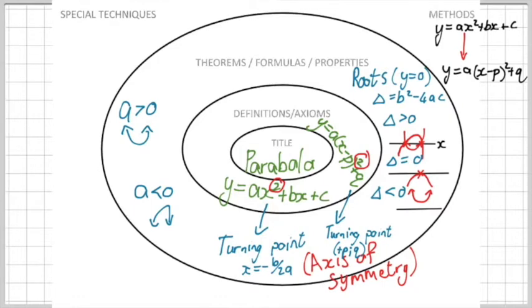But in Grade 12, when you look at circles in analytical geometry, you do need to be able to complete the square. But then how do I do it without completing the square? Well, simple. I just get the turning point, because that's going to be p and q in the turning point formula. Now, I also have to go back up, and that I simply do by multiplying out.